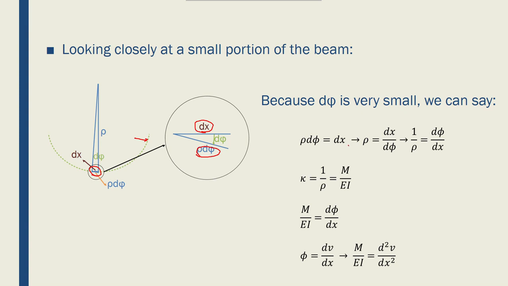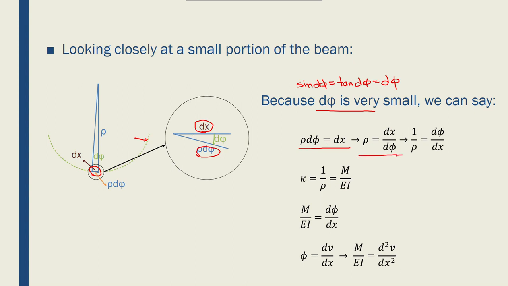And the reason that dx could be equal to rho d phi is that d phi is a very small angle. For very small angles, we know that sine d phi is equal to tangent of d phi, which is equal to d phi. So we can assume that rho d phi, which is the length of this portion, is equal to dx. So we can write rho d phi is equal to dx.